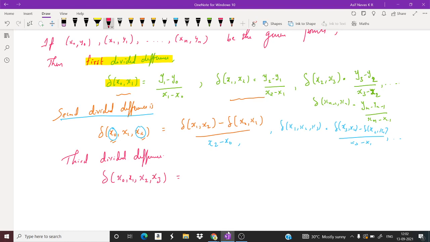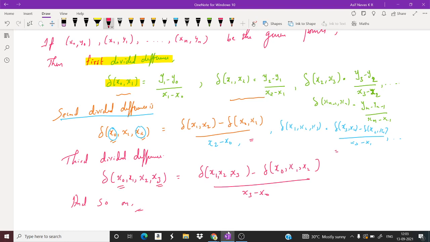That is equal to delta x1 x2 x3 minus delta x naught x1 x2, divided by x3 minus x naught, and so on. Similarly.